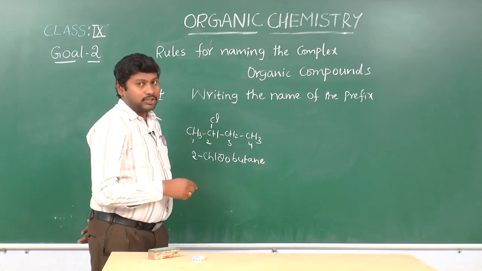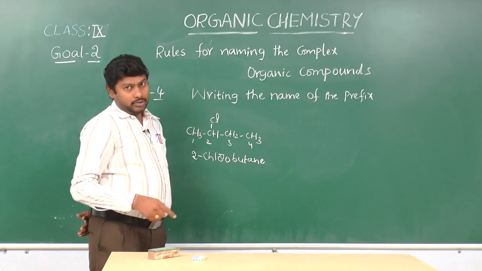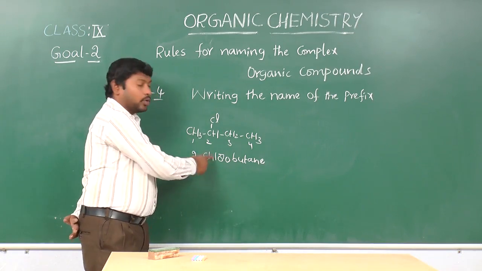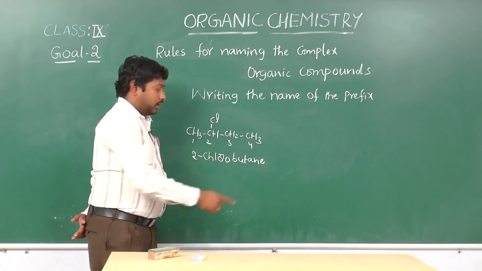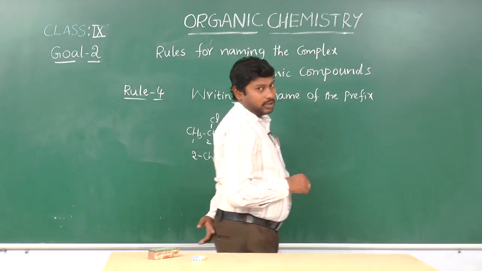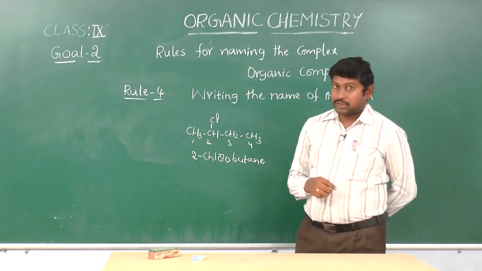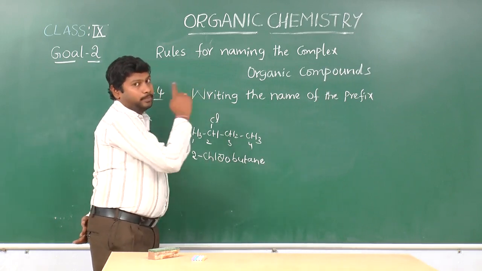So, what is the name of this compound? 2-chlorobutane. Here 2 is the locant and chloro is the substituent name, nothing but the prefix, and butane. But means the root word, the number of carbons present in the longest continuous carbon chain, so 2-chlorobutane.